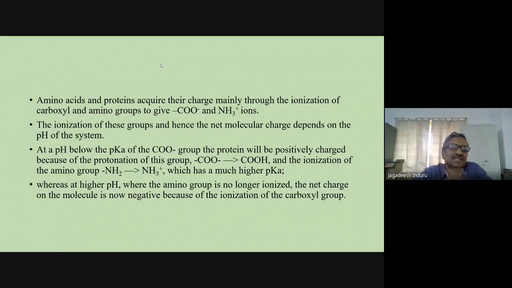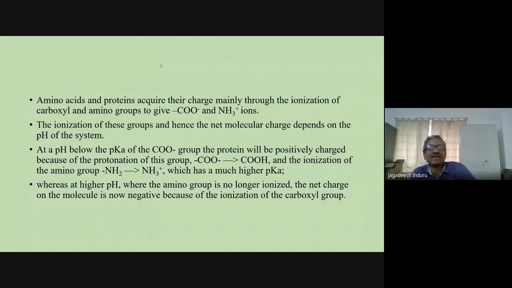At a pH below the pKa value, the dissociation constant of COOH, the protein will be positively charged, because the carboxyl group is present as unionized COOH in acidic pH.